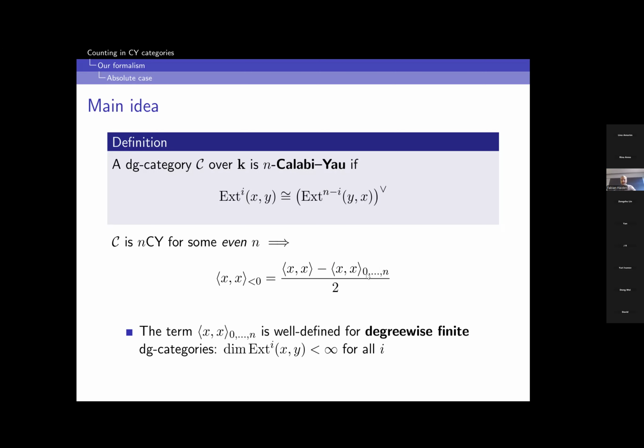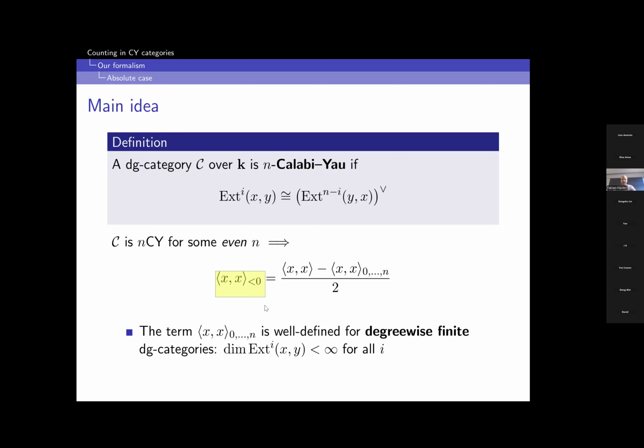We're going to see what this formula buys us, but if you try to do the same for odd n, then you don't have a formula like that. I understand that you cannot just use the same formula, but many people like to count objects in odd dimensions. Yeah, we would like to have odd as well. We just don't know how to do it, I guess, is the answer.